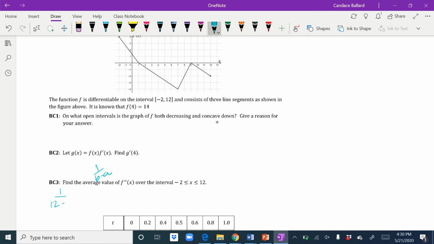So 12 minus negative 2, right? Okay, you can't touch any buttons right now, sir. Okay, say bye. Can you blow a kiss to everybody? Oh, thank you for the kiss. All right. From negative 2 to 12. And then of whatever this function is, f double prime of x dx.